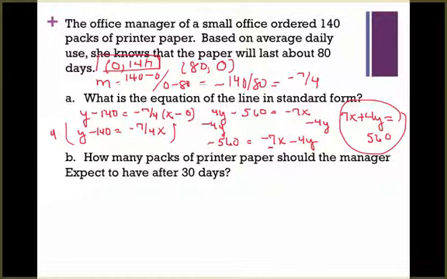Now let's use what we have to figure out how much she should expect to have at the end of 30 days. Well, let's go back to our point-slope formula of y minus 140 equals negative 7/4 x. And x, remember, was our number of days. So let's put 30 in for that.